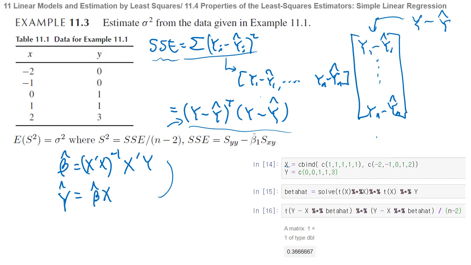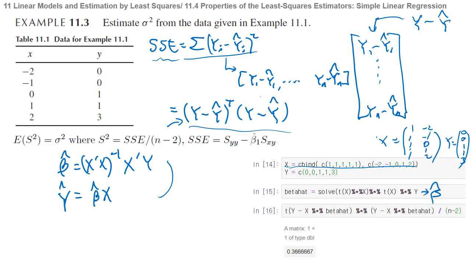Your matrix X can be described this way. So your X is something like this, and your Y is 0, 0, 1, 1, 3. You can solve your beta hat from here.